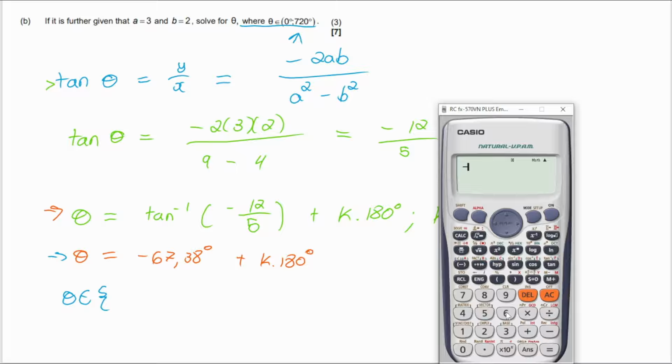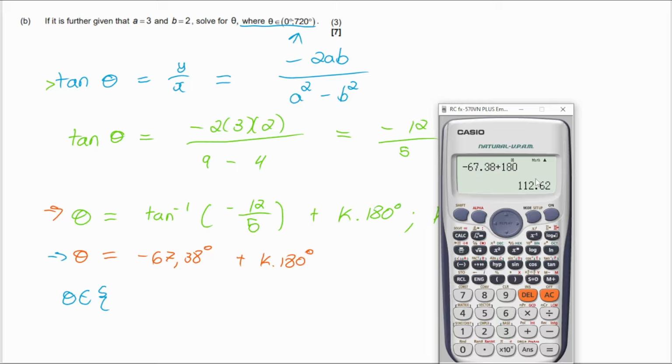Okay, so we're going to get negative 67.38 plus K180. So obviously if we choose this value it is not valid because it's to the left of the 0. It needs to be between 0 and 720. Okay, so let's see, if we just say K is 1, plus 180, we get this answer over here, 112.62.